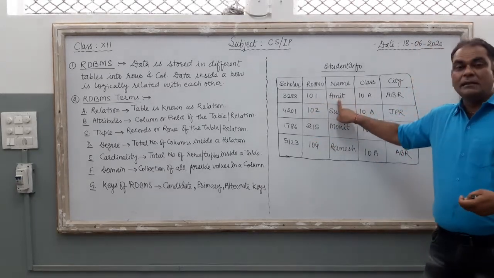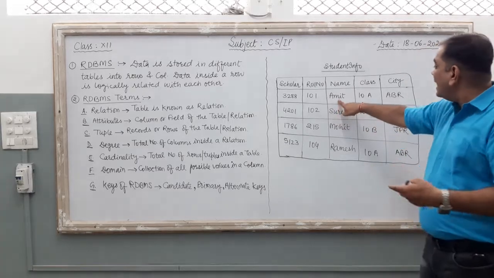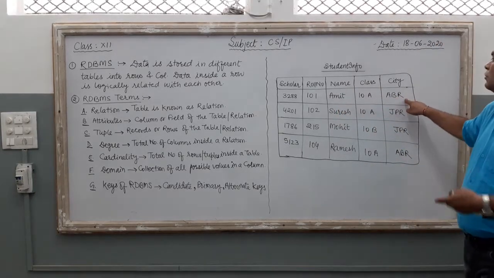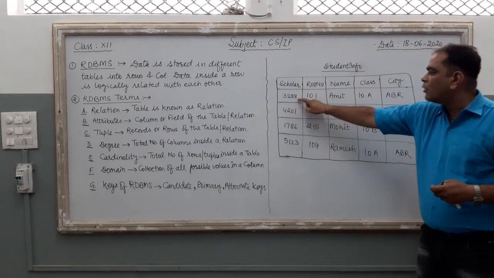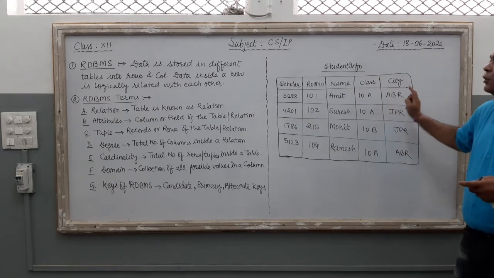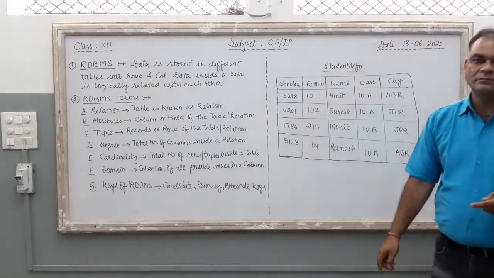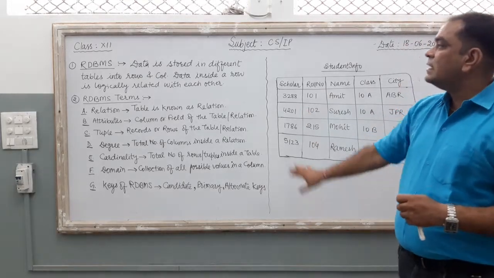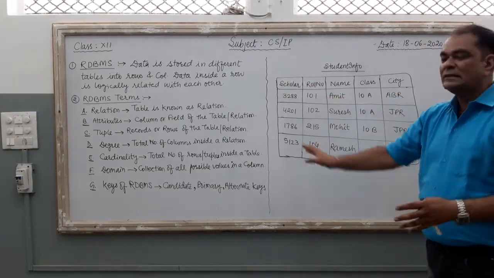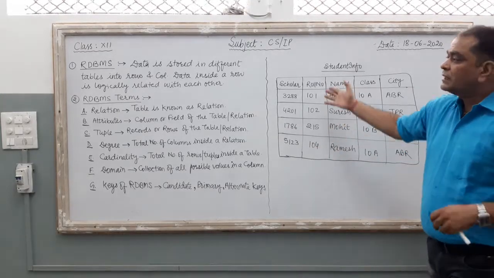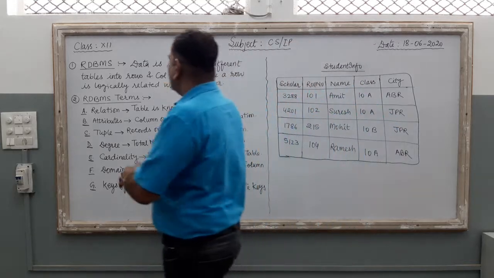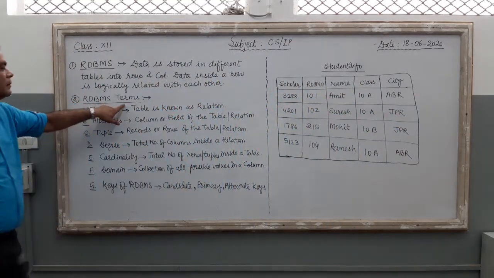The name of the student is Amit, and Amit belongs to Abu Road city. So a row is a collection of logically related data. Clear? So it is a term of RDBMS. Here we are working on tables only. Clear? Now the next topic, we come to the RDBMS terms.